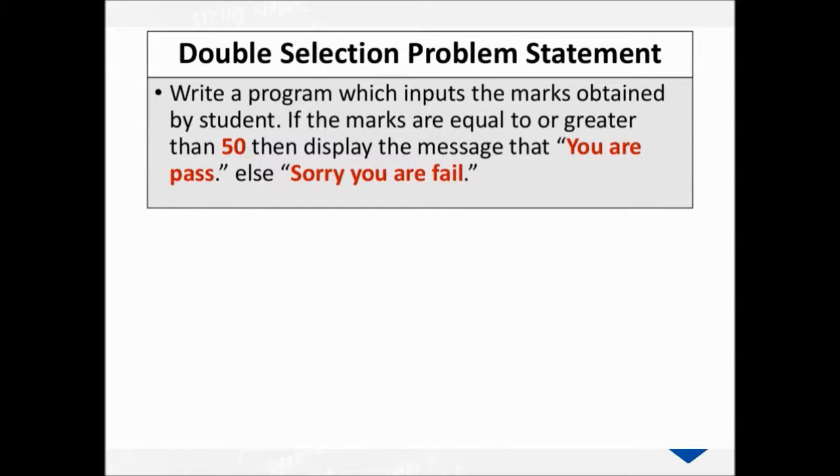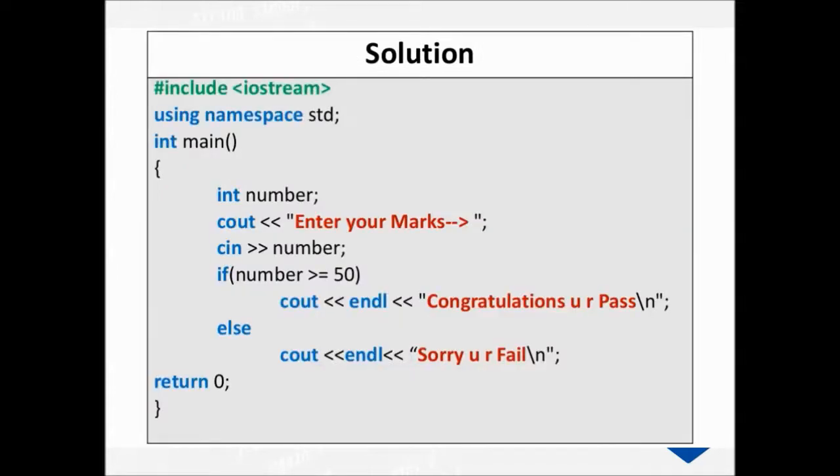Double selection problem statement: write a program which inputs the marks obtained by a student. If the marks are equal to or greater than 50, then display the message that you are passed, else sorry you are failed. This problem is given in the main program. First we declare a variable number because we want to store the grades of the student in this variable.